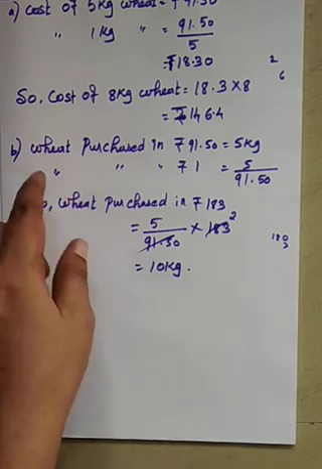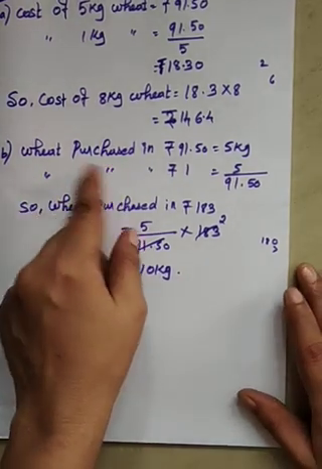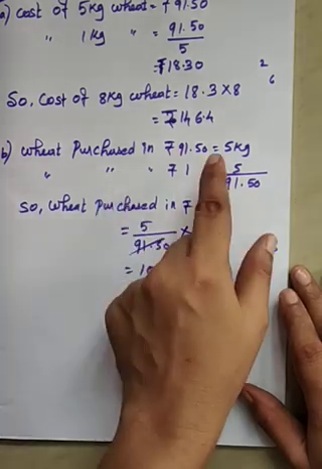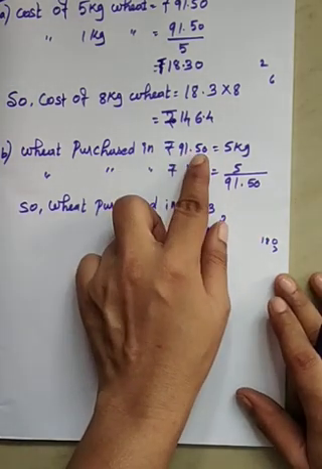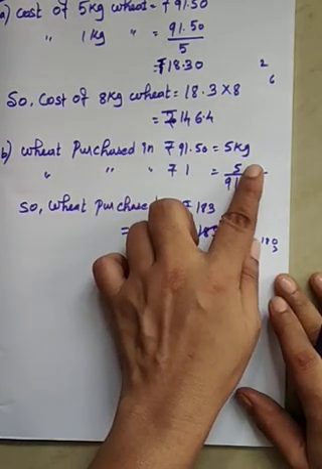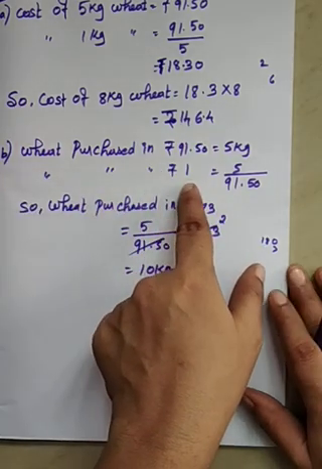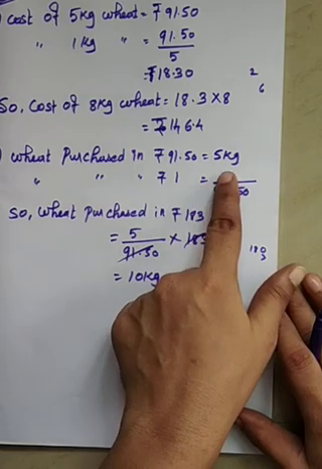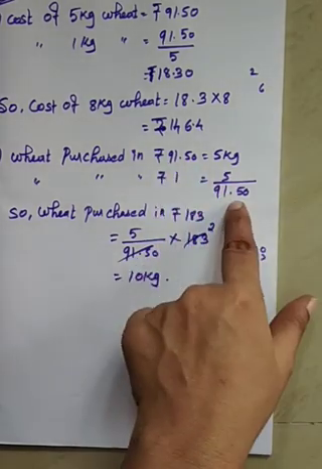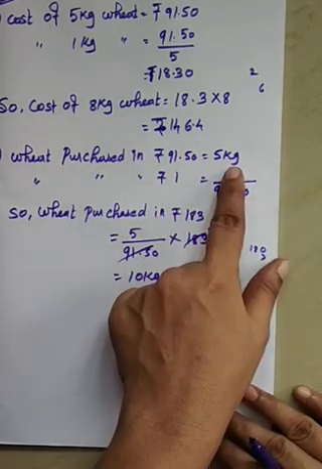First you have to find wheat purchased in the given one, that means 91.50 means 5 kilogram. Next, wheat purchased in rupees 1, how many kilogram? 5 divided by 91.50. Okay, so no need for the simplification.